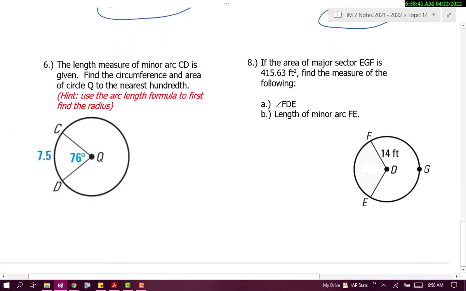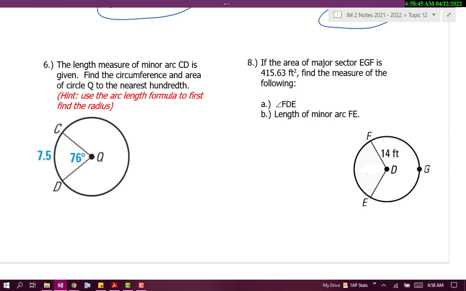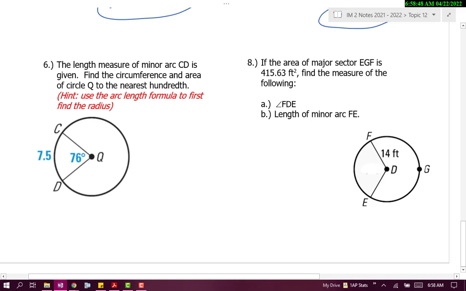All right, so number 6, let's do this using the other way of writing the formula. The length of minor arc CD is given. Find the circumference and area of circle Q to the nearest hundredth.